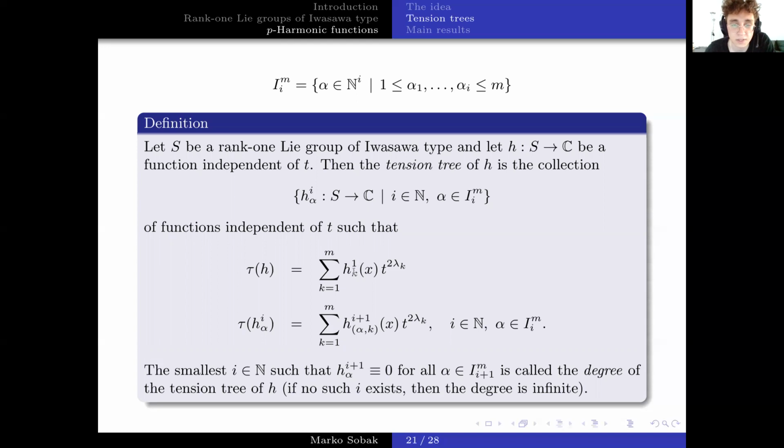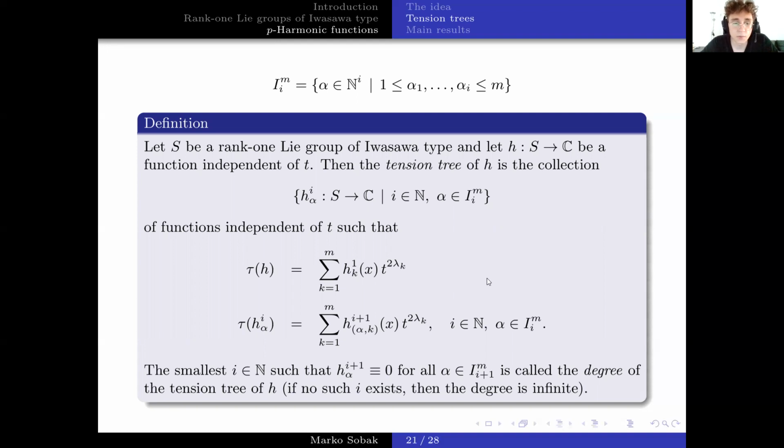As I showed on the previous slide, we take the Laplace-Beltrami operator, and then we extract these coefficients, because this can be viewed as a polynomial in the t variables, and the coefficients depend on x. We extract these coefficients, and these are called the children. We first do this for h, and then we iterate it for each of the children. We do the same thing.